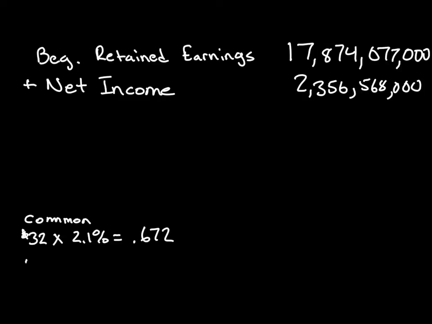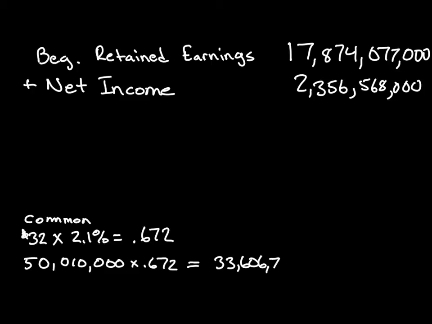So really, we need to multiply 50 million and 10,000 times the 0.672, and we should get an answer of $33,606,720. So that is what we have for the common.